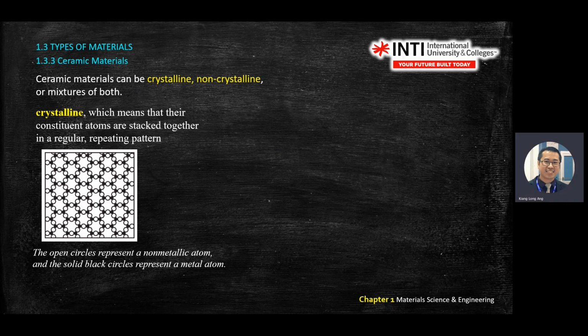So crystalline, you draw this diagram. There's a pattern there. The solid black ones are metal atoms. The white circles are non-metallic atoms. They are linked in a certain sequence. The keyword for crystalline is repeating pattern.